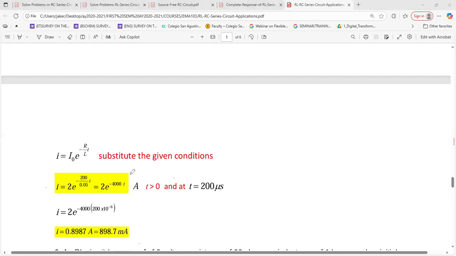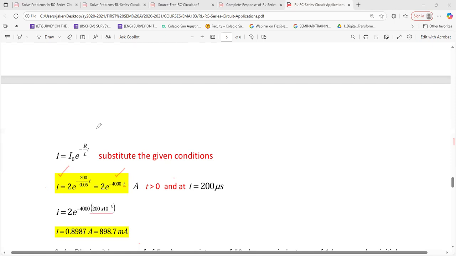This is what it's asking for: I equal to 2e raised to negative 4,000 t. But since it's specifically asking for the current at a time equal to 200 microseconds, 200 microseconds is 200 times 10 raised to negative 6. You can see here, we just substituted it on the time in the formula above. That gives you a current of 0.8987 amperes, or 898.7 milliamperes.